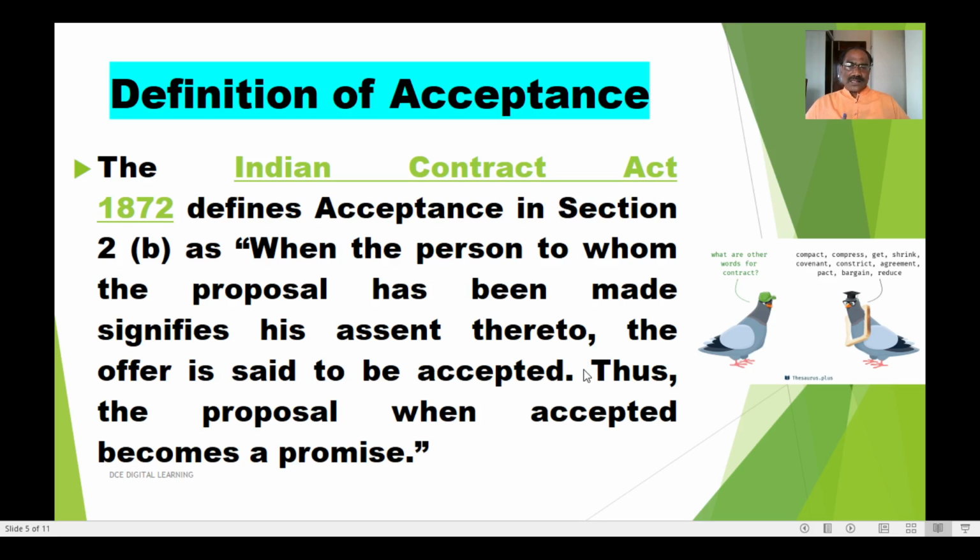So here thus the proposal when accepted becomes a promise. ಸೊ ಯಾವಾಗಾದರೆ ಆ ಪ್ರಪೋಸಲ್ ವಿಚ್ ಈಸ್ ಮೇಡ್ ಬೈ ದಿ ಆಫರರ್ ಟು ದ ಆಫರೇ, ದೆನ್ ಇಫ್ ಇಟ್ ಈಸ್ accepted by the offeree, that proposal will become the promise. So how will the proposal become a promise? The proposal will become a promise only when that proposal is accepted by the offeree.